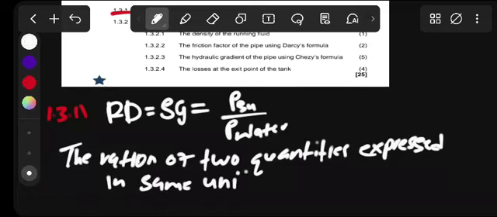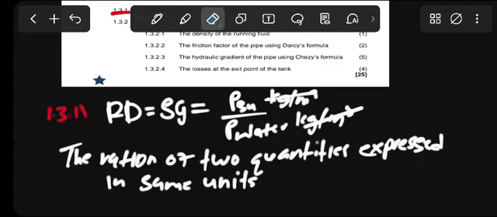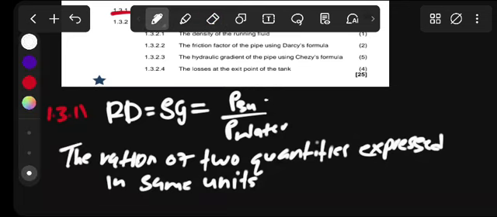Remember, this is in kg per cubic meter and this is also in kg per cubic meter. This and this cancel, so it has no SI unit. So this is how you can define it: it is the ratio of two quantities expressed in the same units. That is how simple and straightforward it is.